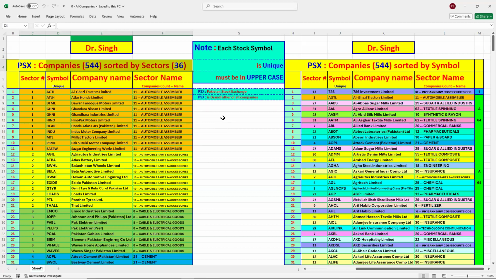PSX keeps an eye on 544 companies, including itself. So there are 544 companies in Pakistan, and they are divided into groups. We use the word sectors for the groups. So there are 36 groups or 36 sectors, as it is mentioned over here.